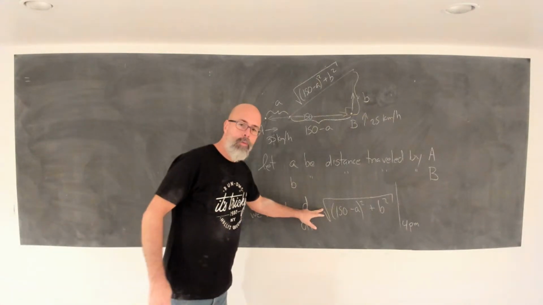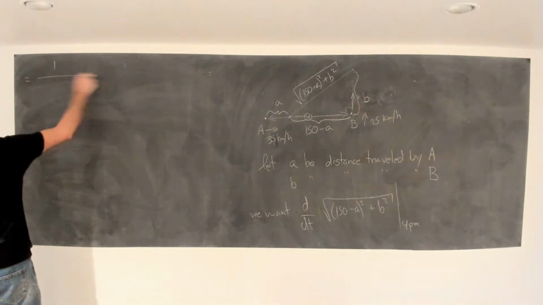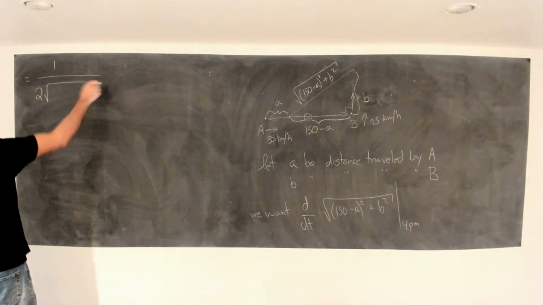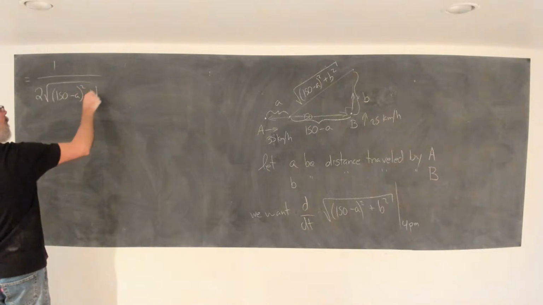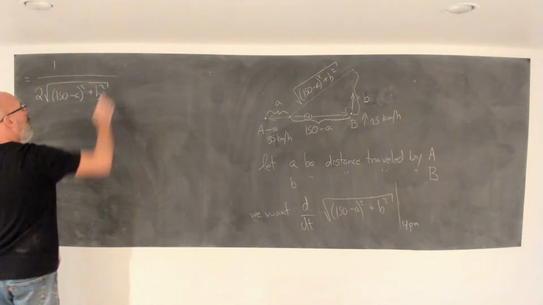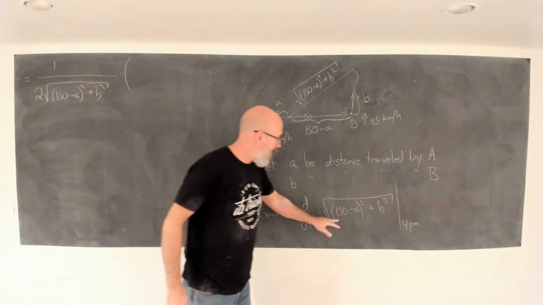We have a square root. So the derivative of the square root is 1 over 2 square root times the derivative of the inside. Well, what do we have inside?